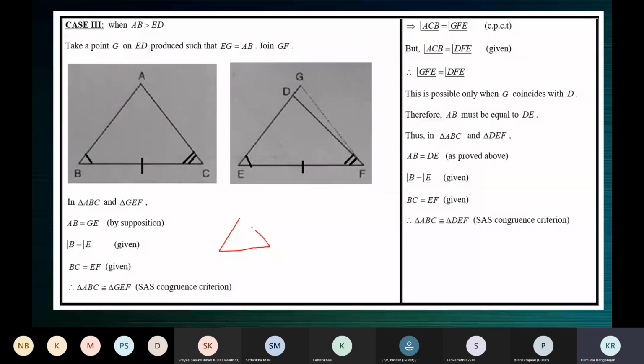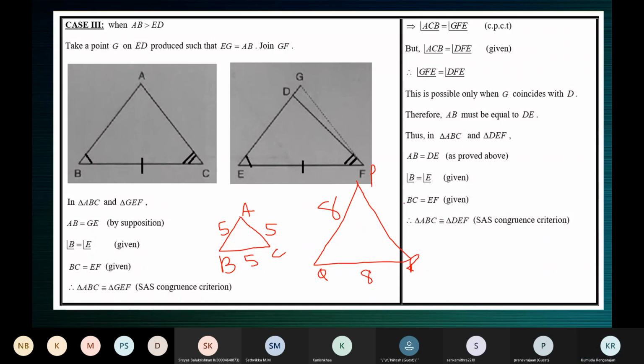Now think of another triangle PQR of side, say, 8 centimeters. Are the two triangles identical, or is one small and the other big? No, ma'am, they are not identical. That means they're not congruent, right?